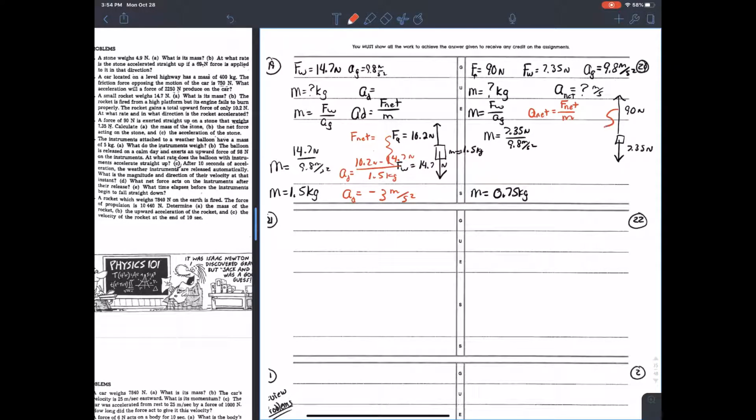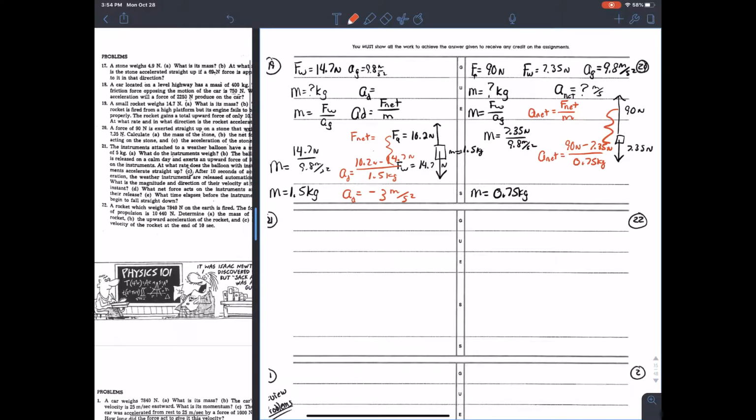So the net force is going to be the sum of those up and down forces. So I'm going to have net acceleration equals 90 minus the 7.35 divided by your 0.75 kilogram mass, and the acceleration of this object acting, oh, hold on, there's one other part I missed.